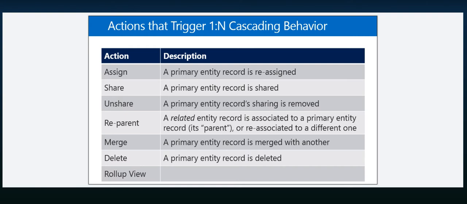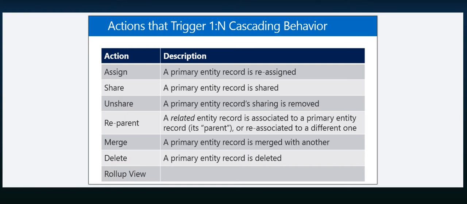If you reparent something, it basically means a related entity record is associated to a primary entity record, or reassociated to a different one. So if you reparent the related record, then all of the other ones are going to be reassociated as well.